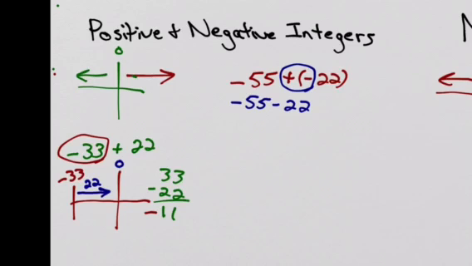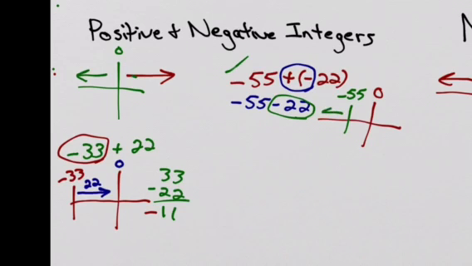So let's draw this on the number line. Here's our 0. We're going to take our largest absolute value, which just happens to be negative 55. And because we have a negative, or subtracting 22, we know it's going to move to the left on the number line by 22 points.